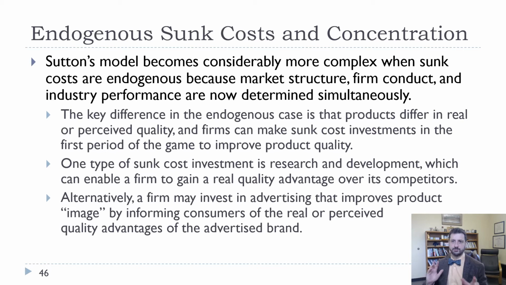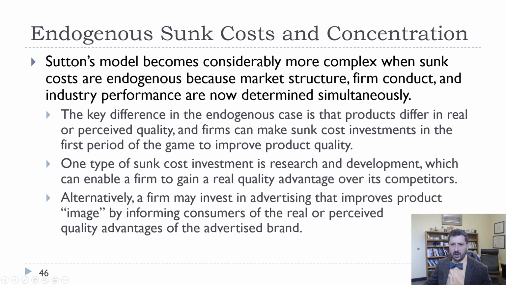And so the most important difference is that products differ in real or perceived quality, right? So it could be that we have real quality differences that everybody can agree on, or perceived quality differences, which are not in fact real, but might be based on something like brand or advertising. So we can think about research and development as one, but we can also think of advertising as another.